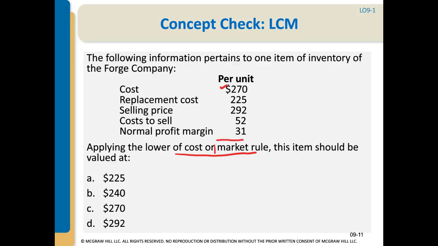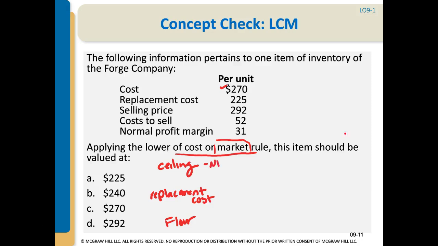And now we have to calculate our market. Well, for our market, we have 3 points that we need to determine: our ceiling, our floor, and our replacement cost. And whatever the middle number is, that's going to be our market amount.